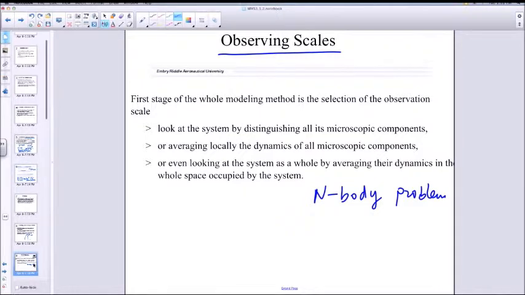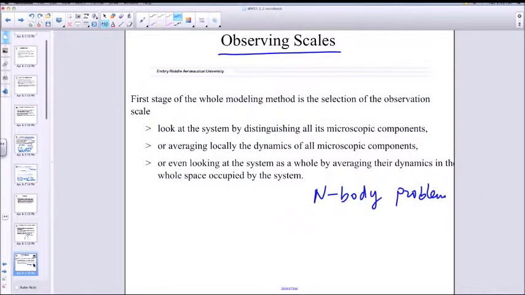But if you want to consider the whole galaxy of the solar system, or maybe the Milky Way, you are not going to think about each individual star or planet as a body and object. You're going to average, look at the density, look at the distribution, look at the average. If you look at that scope, we're going to call it a macro scope.